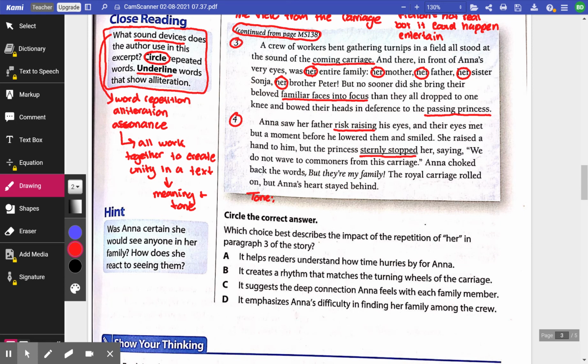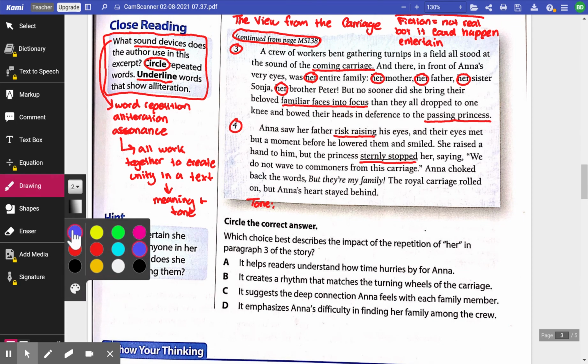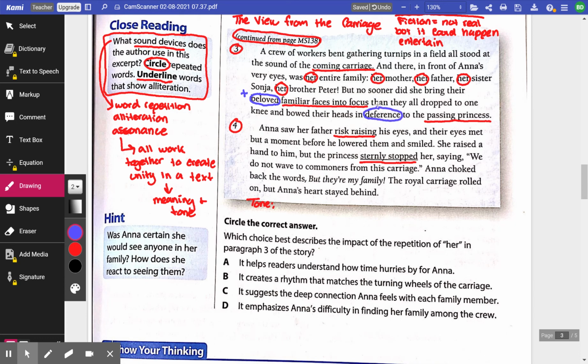So we have a few words here, well, let's just work through it. In paragraph 3 we have this word beloved. Beloved means that you care about someone, that you love them, right? So that's a positive word. This word, deference, do you have any idea what that means? Try to use your context clues to figure it out.